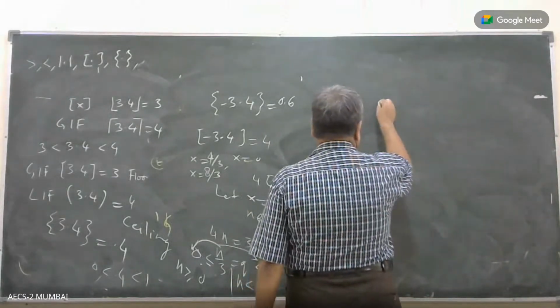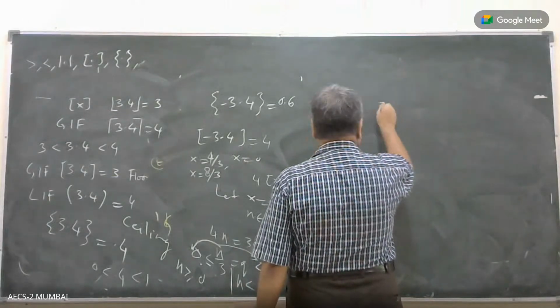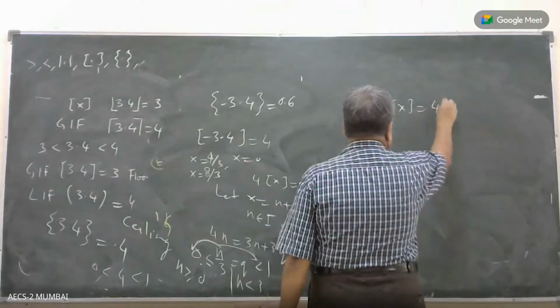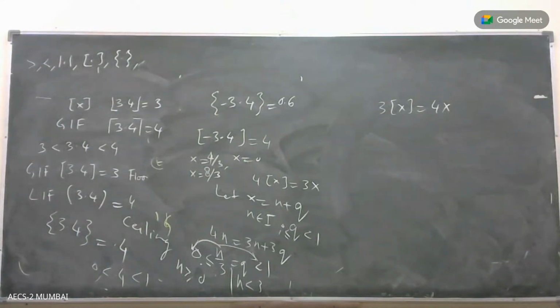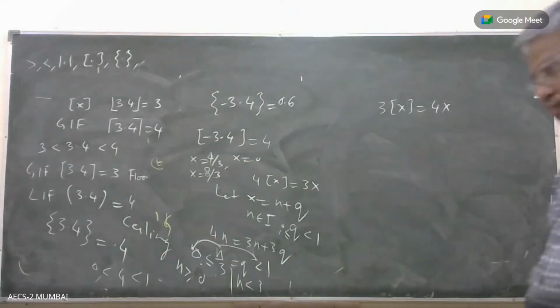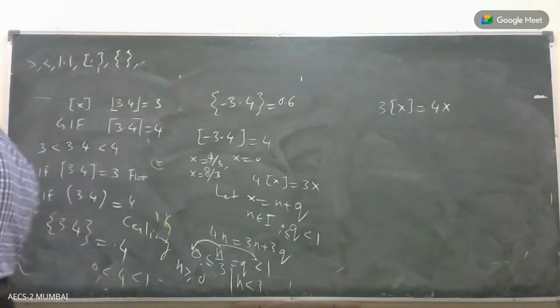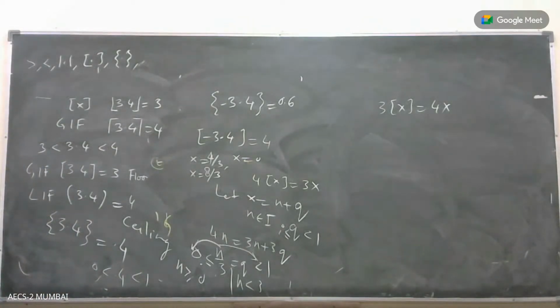Question changes. How many solutions? So 0, 5 by 4.